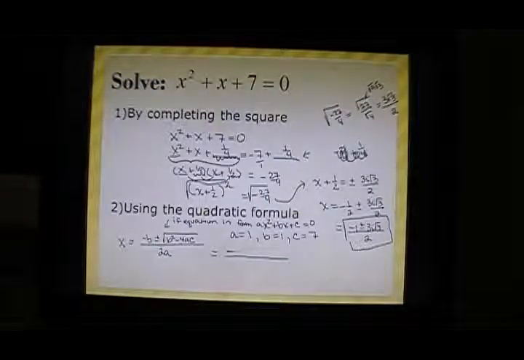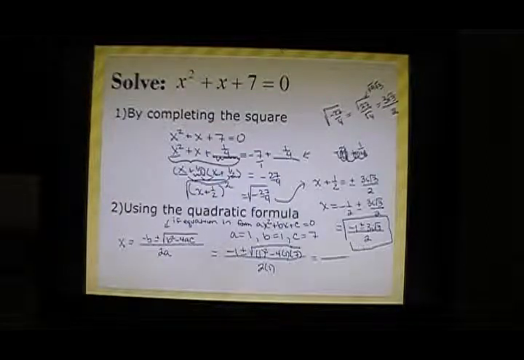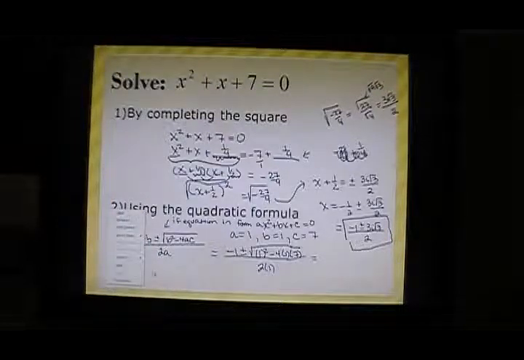So we have negative 1 plus or minus the square root of b squared minus 4 times the value of a times the value of c all over 2 times the value of a. So I'm just plugging in the values of a, b, and c that I was able to obtain from my equation.